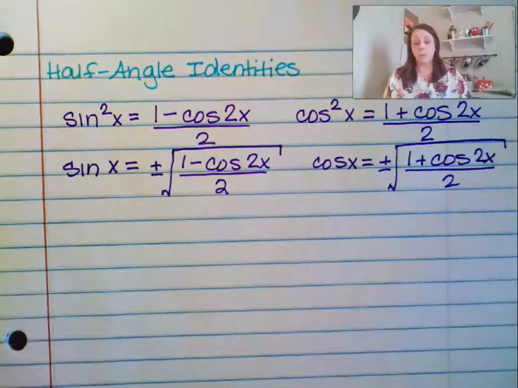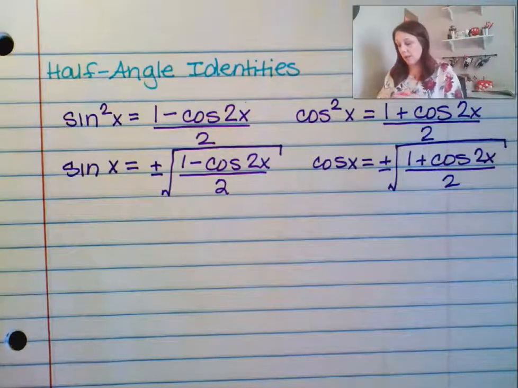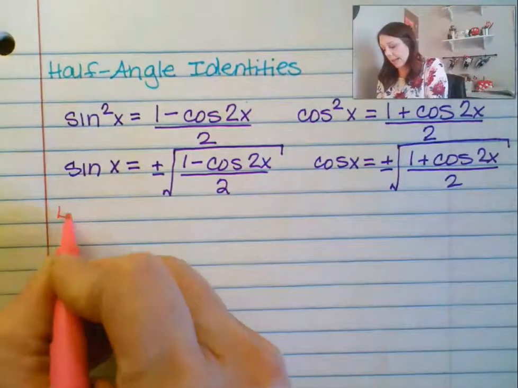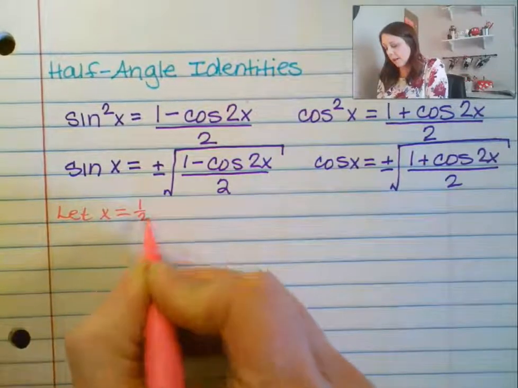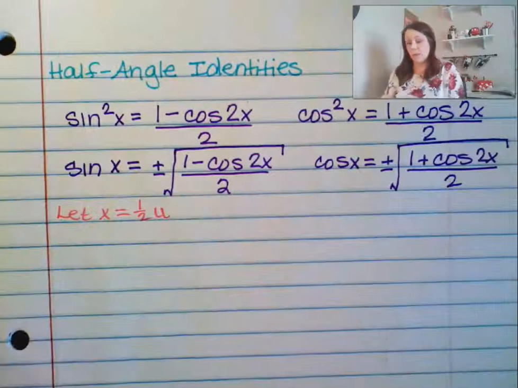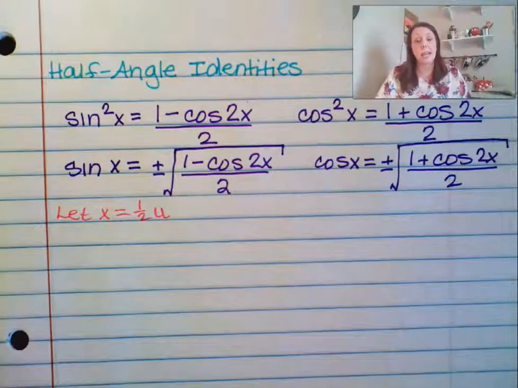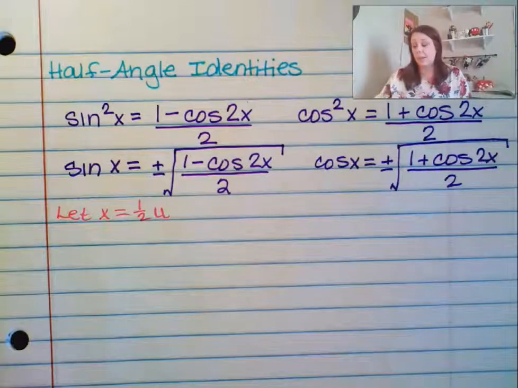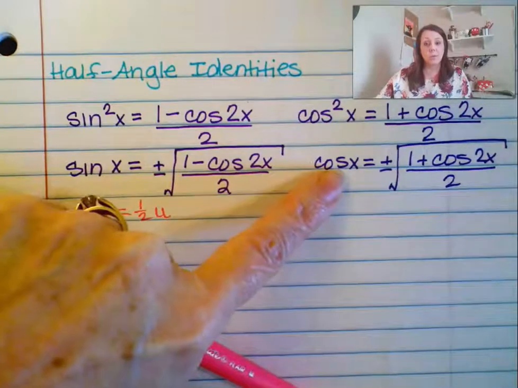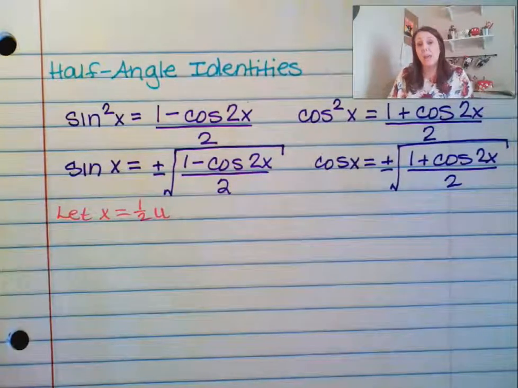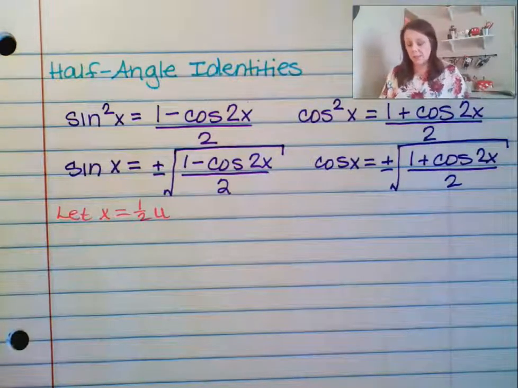The next thing that we want to do is some simple substitution. In this case, I'm going to say let x equal 1/2 of some value u. So there again, u is an angle measure, much like x would have been. But in this case, I'm going to substitute into these expressions that we got with the sine of x and the cosine of x. We're going to substitute 1/2 u in place of x in all positions.